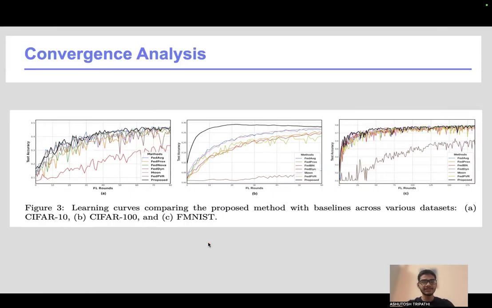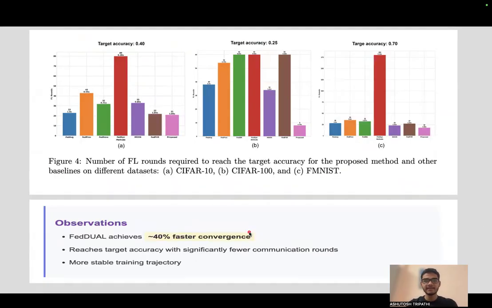The next part is we also obtain the learning curve. We see that the learning curve for FedDUAL has a trajectory that is more stable compared to the baselines. And then we also plot how many rounds it takes to achieve the target accuracy for each case.